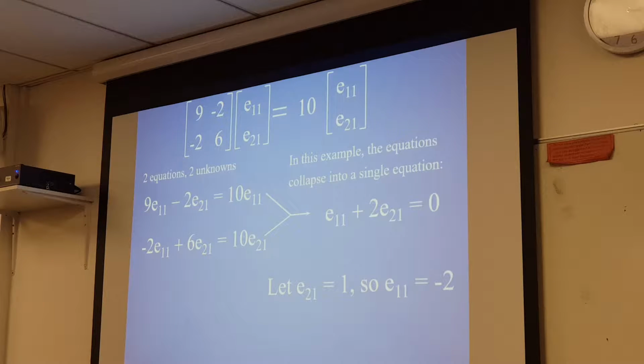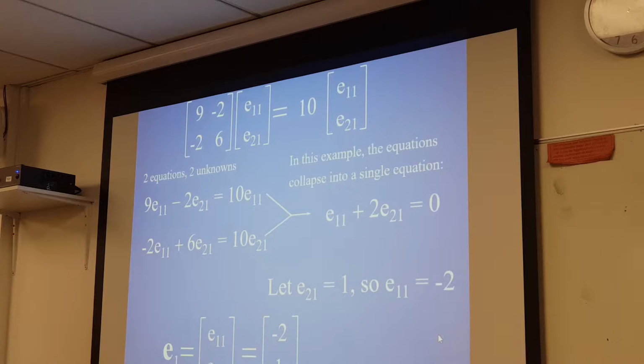So if we let E21 equal 1, we can take this on the other side, then E11 has to equal negative 2. So the vector is going to be negative 2, 1. That's the basic idea: you end up just with a pair of simultaneous equations.